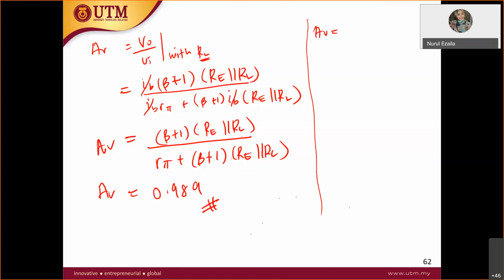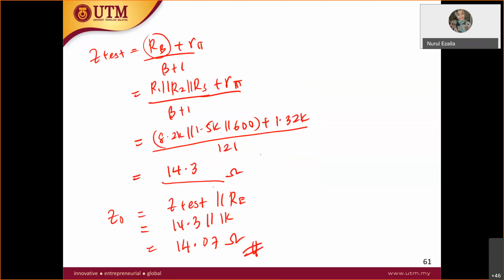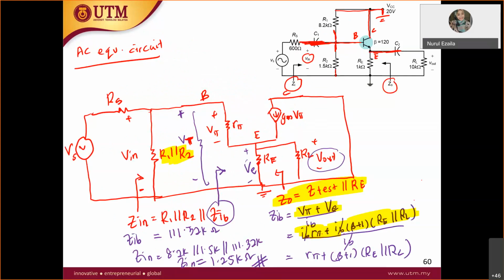Other than that, I just want to show you there are other ways to find AV. AV is equal to V out over V in. For V out, if we want to make this in terms of GMV pi, the current flowing through here, V out is these two resistors in total. So can I take the current GMV pi? It is the same thing, right? Because GMV pi is also equivalent to beta IB.